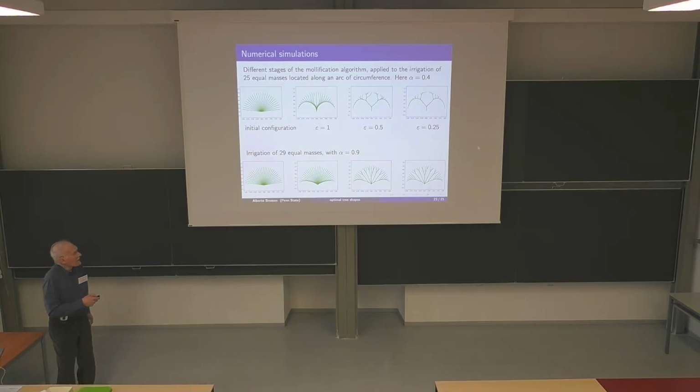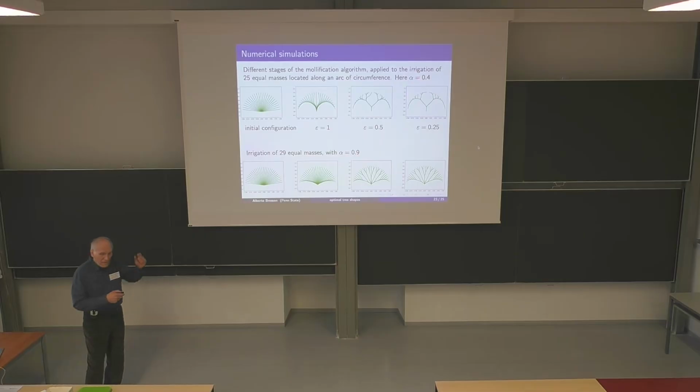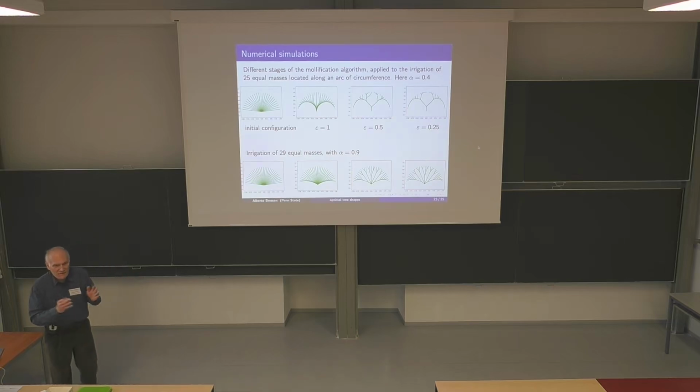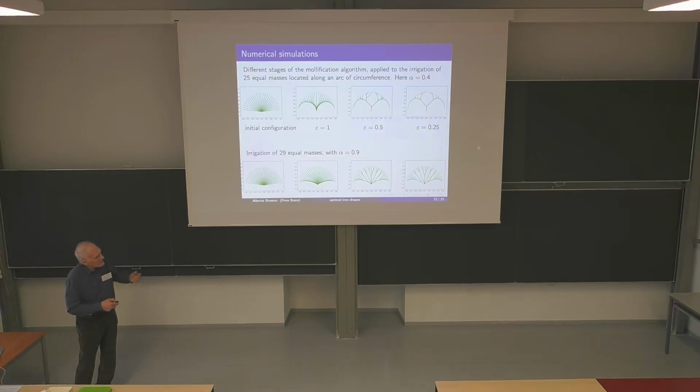Okay? And this is the same thing, but with alpha is 0.9. So what is the difference when you take these two exponents, 0.4, 0.9? Well, with 0.4, you get a lot of discount putting them together. With 0.9, you get a much smaller discount. So 0.9 means that you want essentially to minimize the length, right?